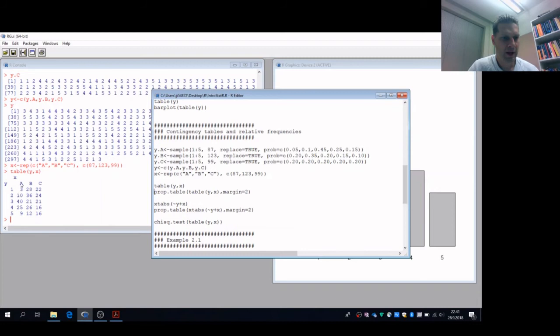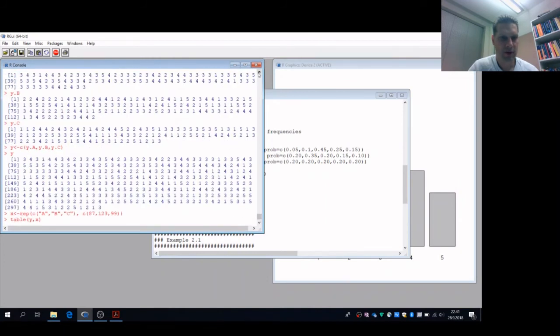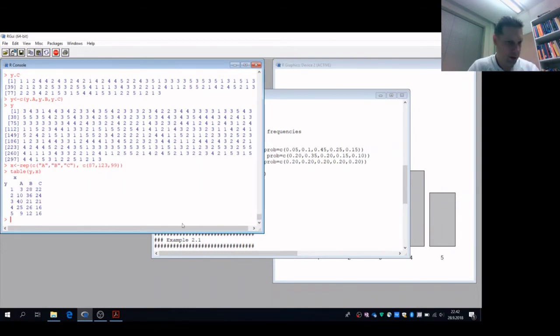In the case of subpopulation A, in this vector YA we have 3 occurrences of the value 1. That's why the frequency table, or contingency table, created by this table function gives us these frequencies in subpopulation A: 3, 10, 40, 25, and 9.